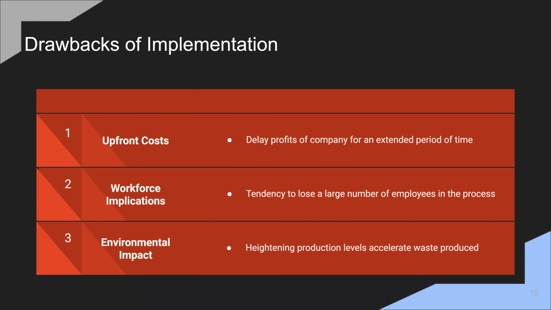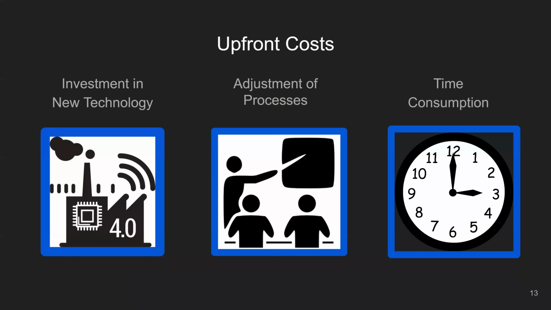Next slide, please. So first up on upfront costs is the investment in new technologies, such as the BMW simulation processes discussed before. While incredible from a technical standpoint, investment in Industry 4.0 is an expensive endeavor, including the cost of not only the implementation, but also the research and development of these technologies. There also comes with it the adjustment of normal processes.